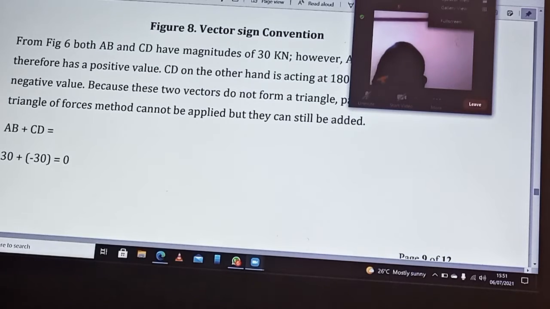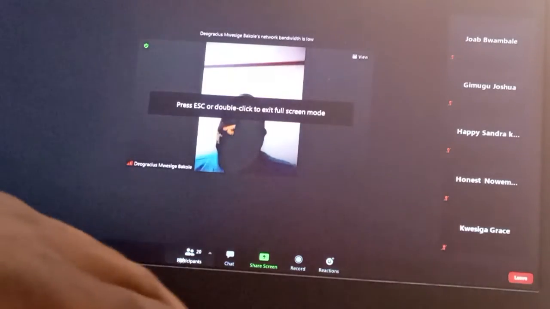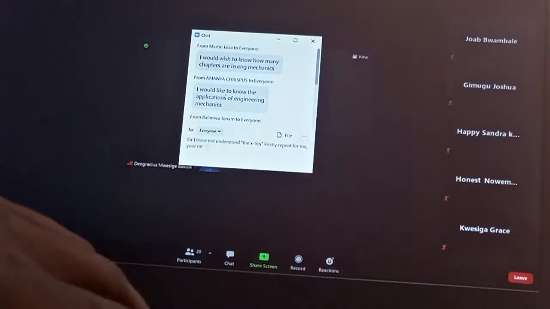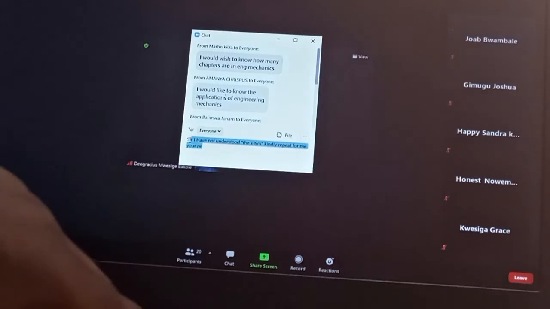We have seen from that example that AB plus CD, where AB is equal to 30 positive and CD is equal to negative 30, when we sum them up, it is equal to 0. And I'm saying, assuming an imaginary body between D and A is being stretched on one side by AB and on the other side by CD, what will happen?